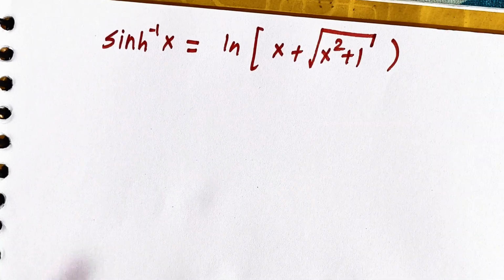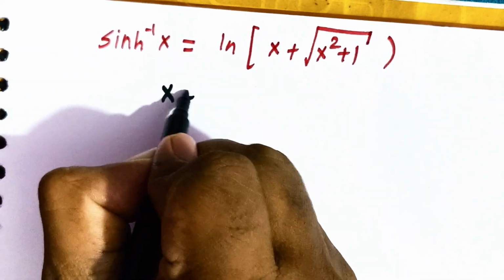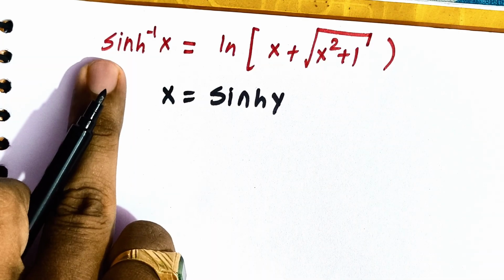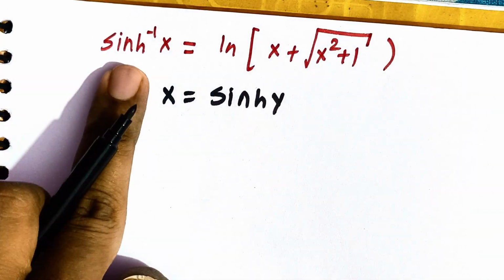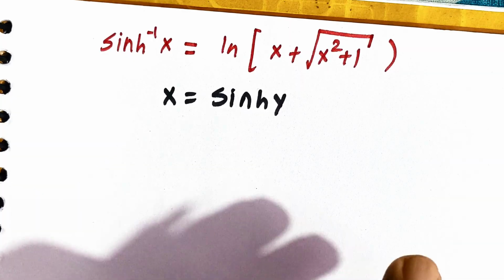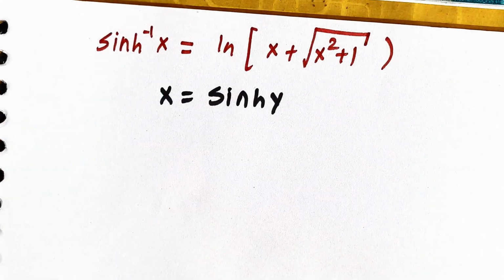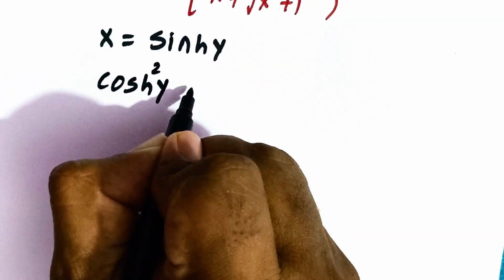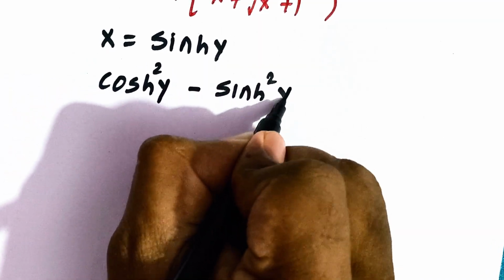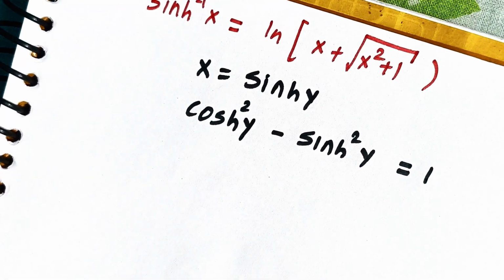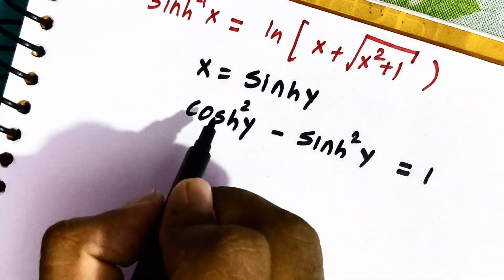See, if we take y as hyperbolic sine inverse x, then x becomes hyperbolic sine y. So what is our hyperbolic cosine y? We know hyperbolic cosine squared y minus hyperbolic sine squared y is 1.